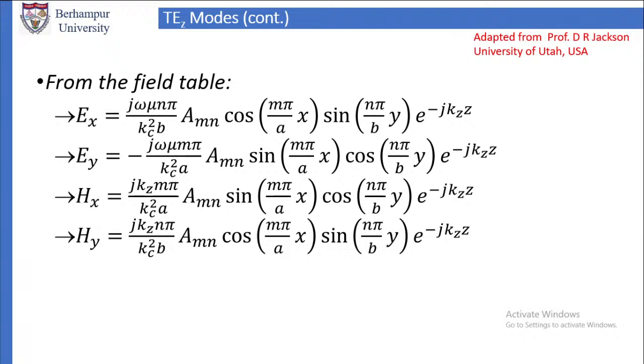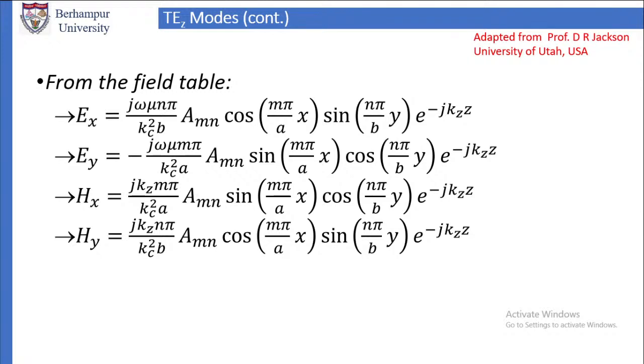Now you can see in all the terms Ex, Ey, Hx, Hy, the term exponential minus jkz will be there, so I will not repeat. Now Ey will be minus j omega mu into m into pi by k square a into a mn sine m pi by a x cos n pi by b y.